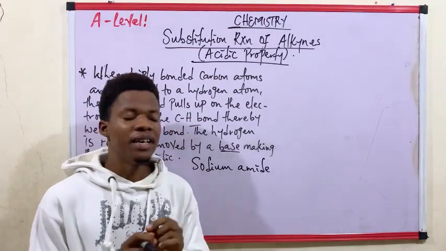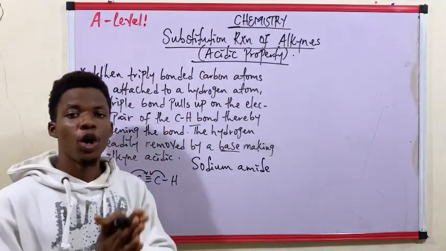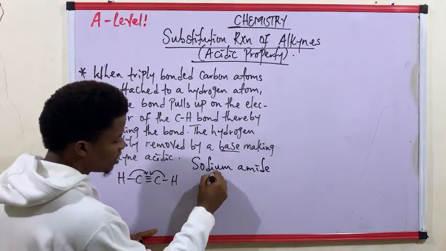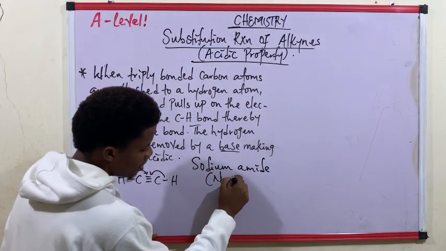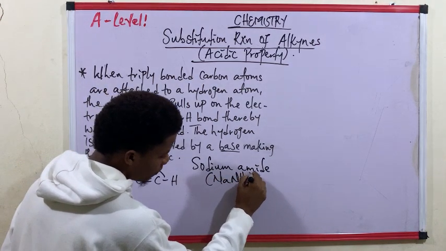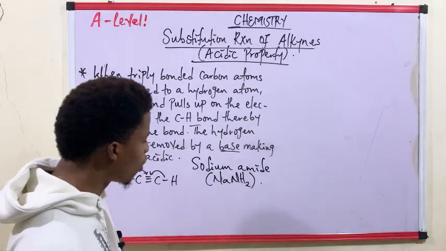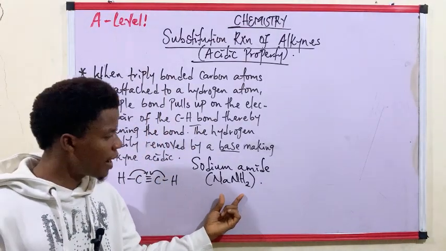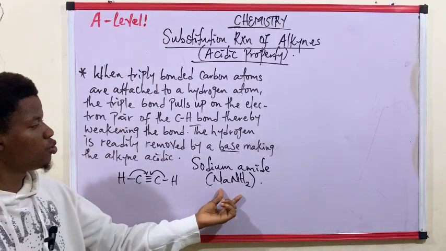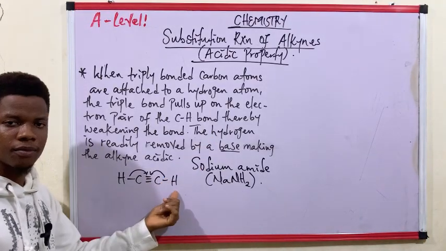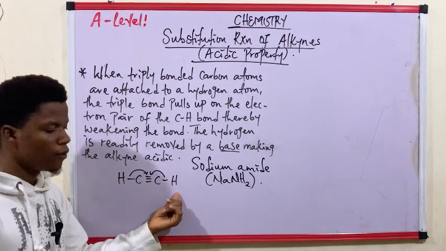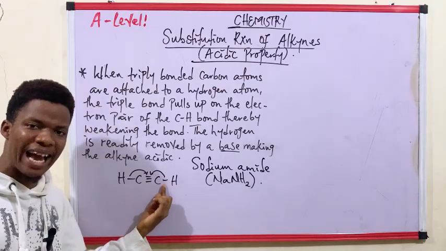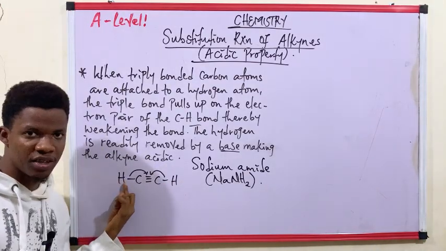Sodium amide is the base used for this reaction, and it is written like this: NaNH2. Sodium amide. This is the base used to remove the hydrogen from ethyne, this hydrogen here and this hydrogen here.